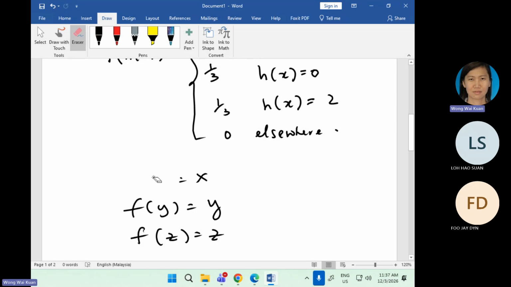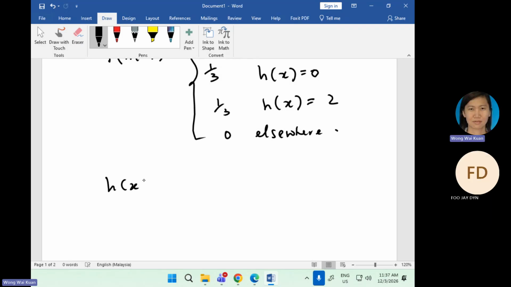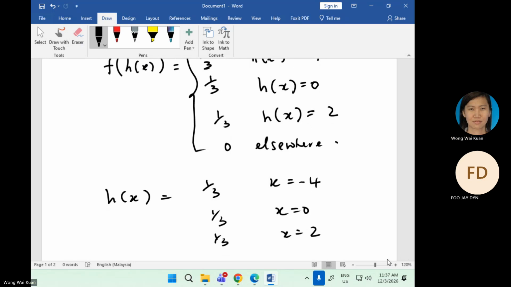So now if that's the case, if I now put it as h(x) equals 1 over 3 when my x equals, what number just now? -4, x equals 0 is 1 over 3, x equals 2, 1 over 3, and 0 elsewhere. And I tell you, this is a PMF.